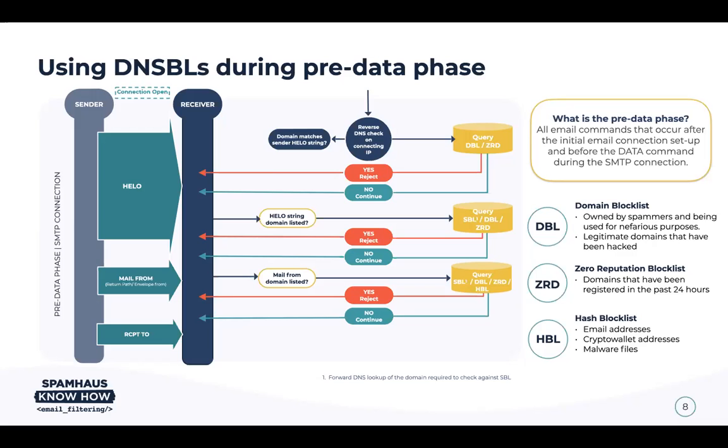Now, this is interesting because at this point you have all the information related to this very message. So there are two things that you can do here. The first one is that even though you may have already decided in the previous steps that you are going to refuse the message and not accept it, refusing the message at this stage, after they told you who the intended recipient is, will provide you all the logging information you need in order to debug this very connection.